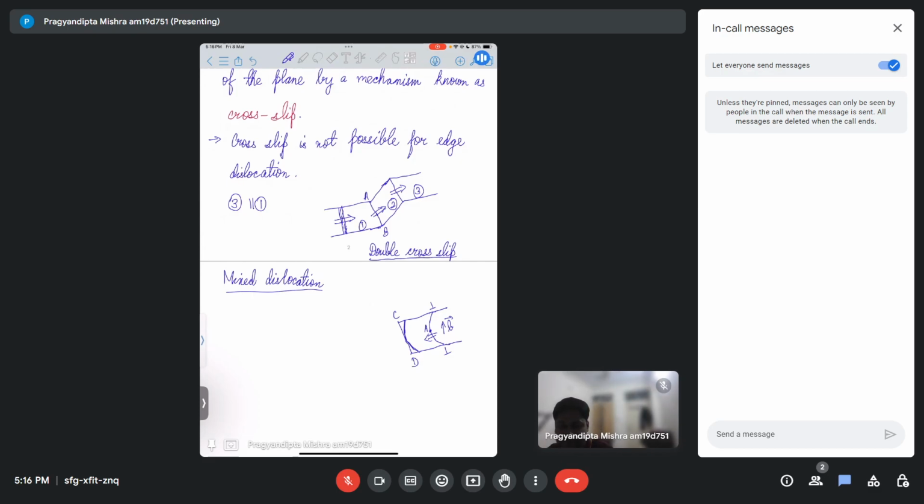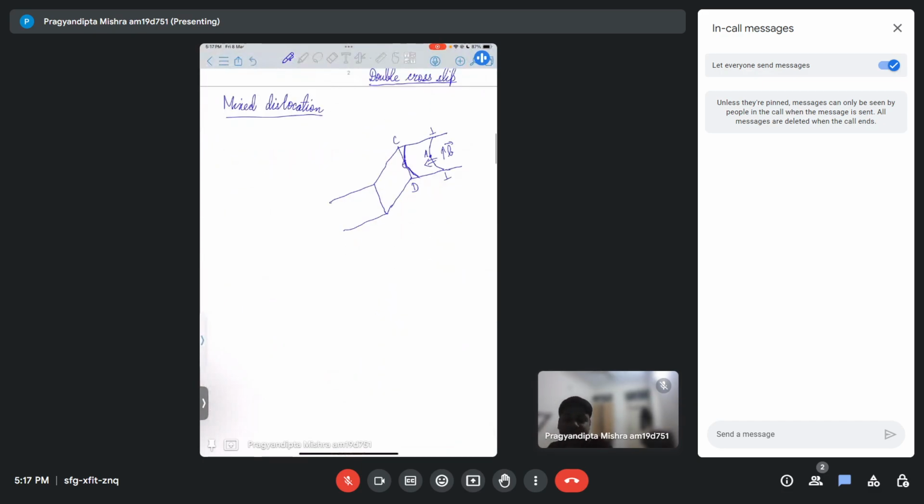once it hits this CD, what will happen is the screw part will suddenly start expanding. This part, you can see I have shaded that part, right?